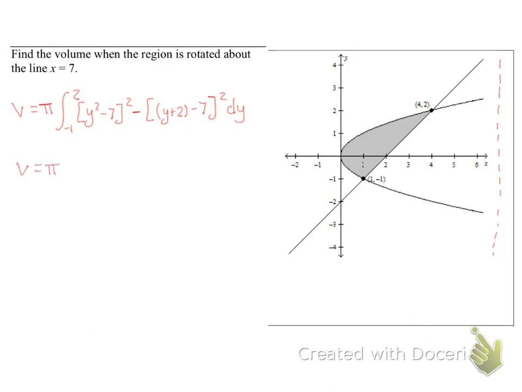So you should get y to the 4th minus 14y squared plus 49 minus y squared minus 10y plus 25 dy. At this point you can punch it into your calculator and you should get something like 48.6 pi.